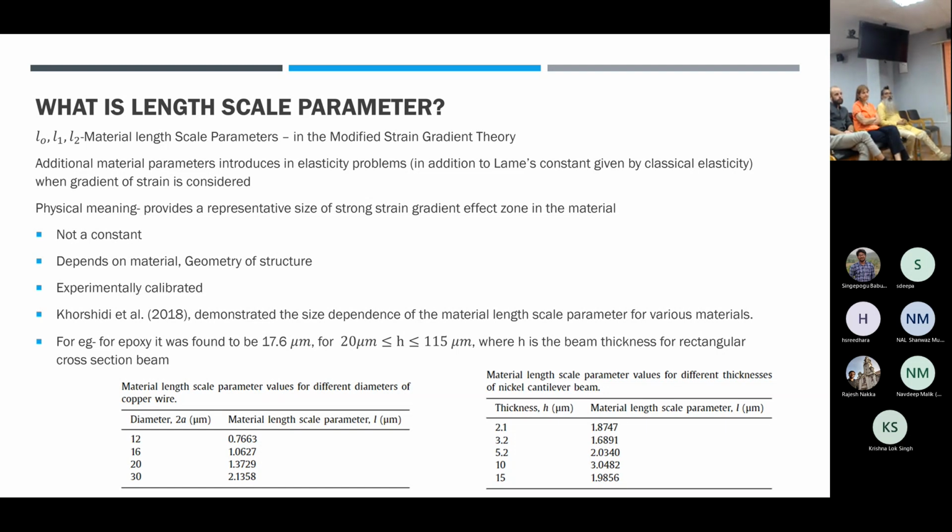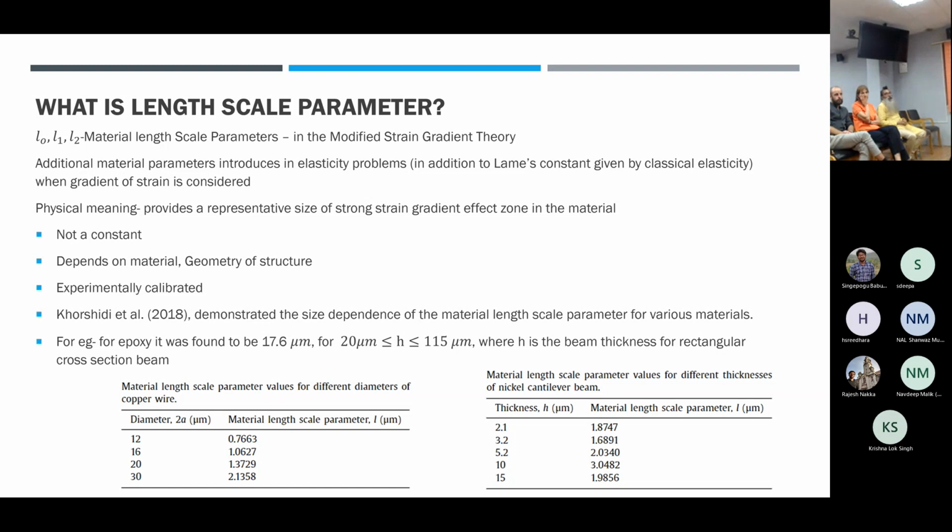It can be experimentally calibrated, and it has been experimentally calibrated for different materials like epoxy, copper, and nickel. There are studies which get experimental results from bending and calibrate these results to get the value for these material length scale parameters. For example, for epoxy, it was found to be 17.6 micrometers, with the beam thickness taken to be between 20 and 115 micrometers.